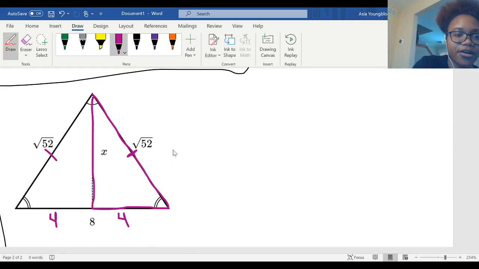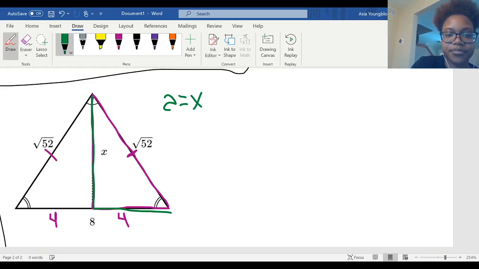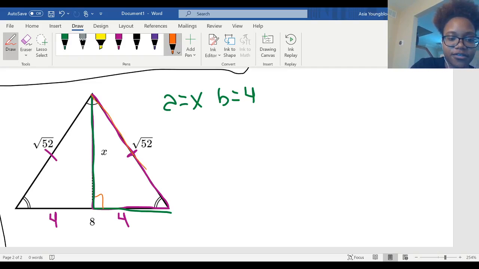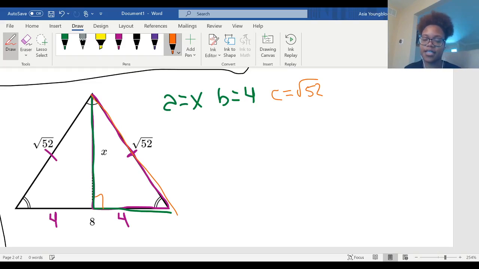Our A and B are the two sides that make up the right angle. So our A is x, our B is 4, and our C is the side across from the right angle. So our C is the square root of 52. And in the previous set, we learned how to deal with side lengths that look like this with the radical.